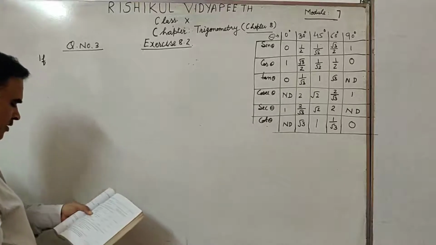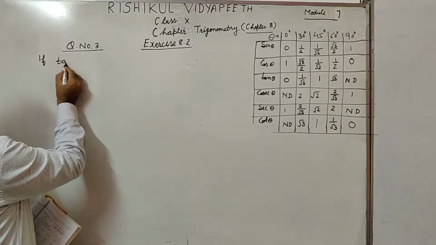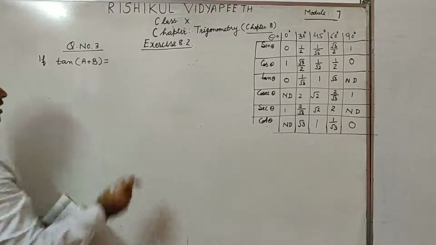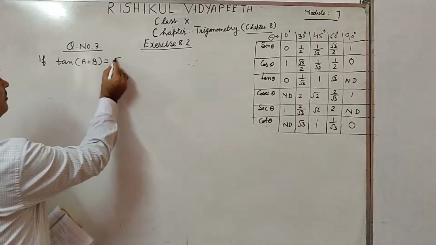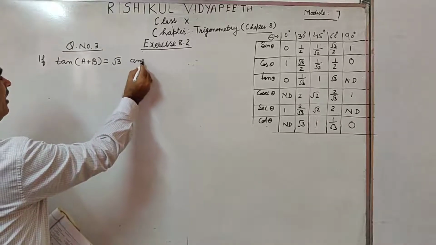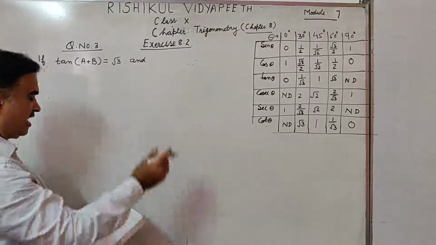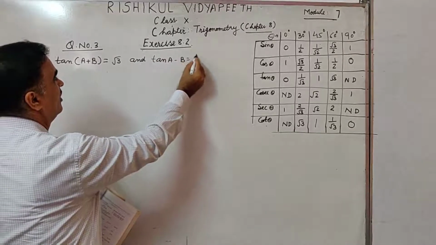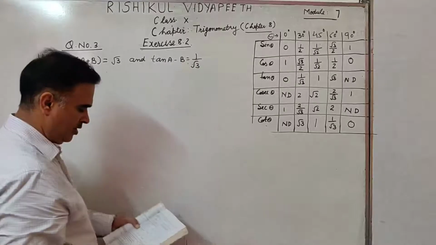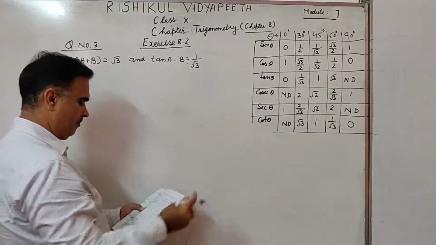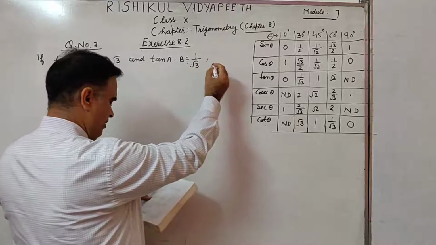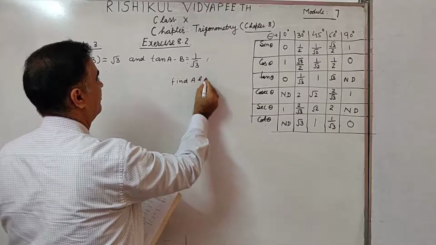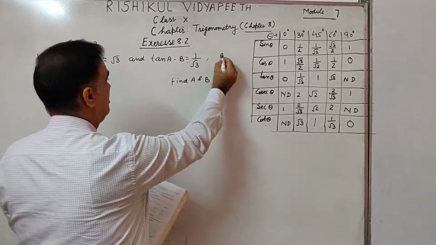If 10a plus b equals root 3 and 10a minus b equals 1 by root 3. And what is this now? Find a and b. And what is a plus b?